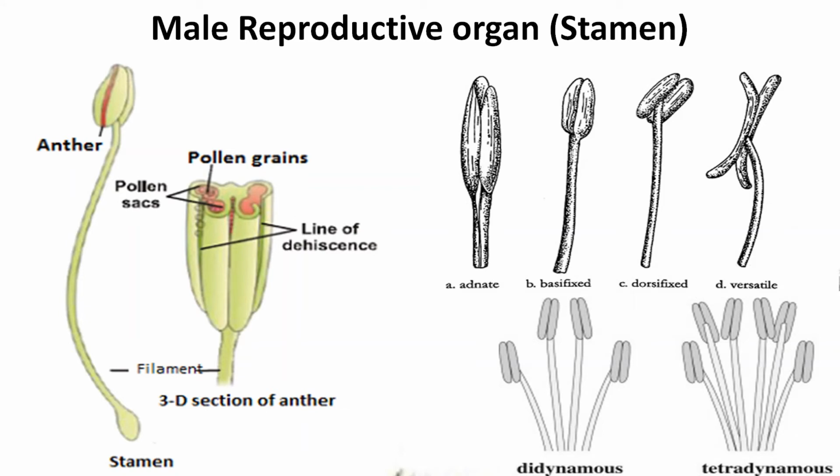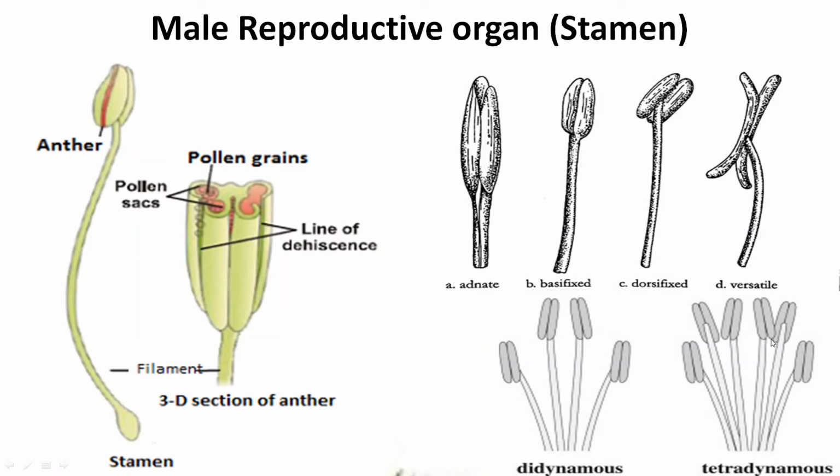Clear? Now here there are six stamens and they are in two whorls, in which two of the outer whorl are shorter, while the four stamens of the inner whorl are longer in size.